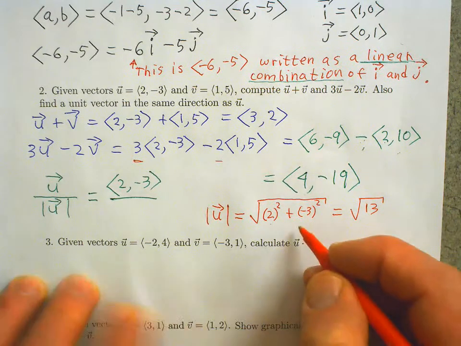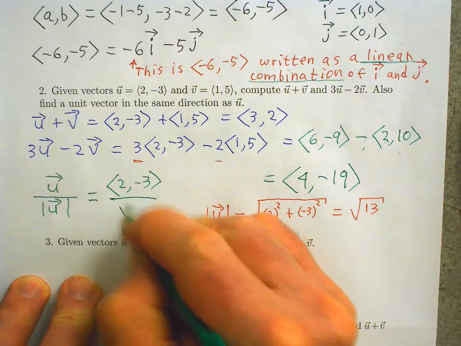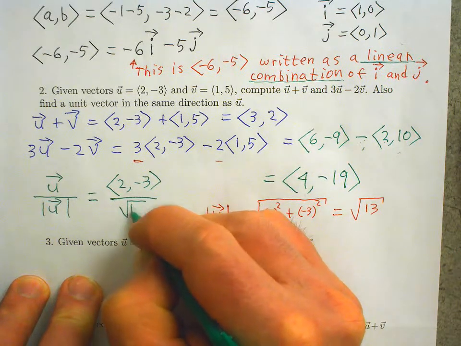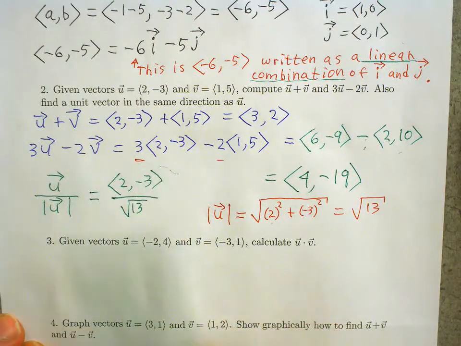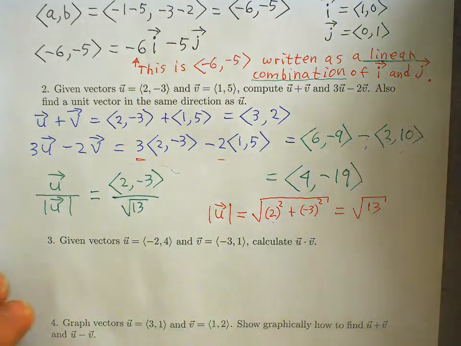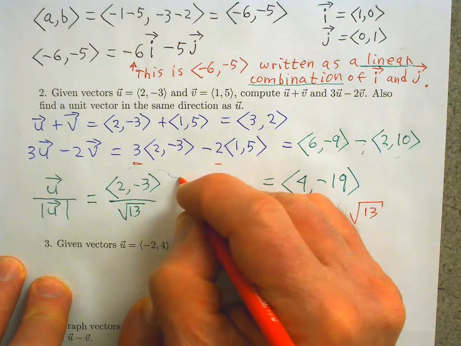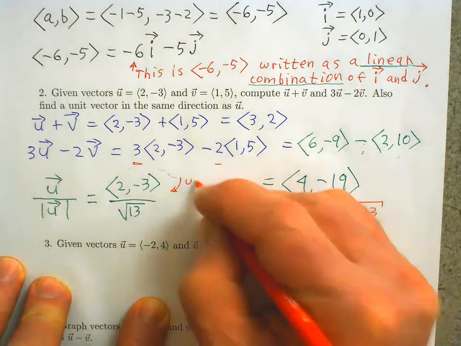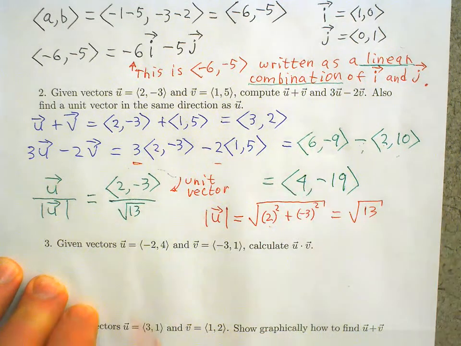Square root of 13. So in the denominator, we just have the number square root of 13. The length of this vector is 1. That's why it's called a unit vector. So I'll just make a note of that, unit vector in the direction of the vector u.